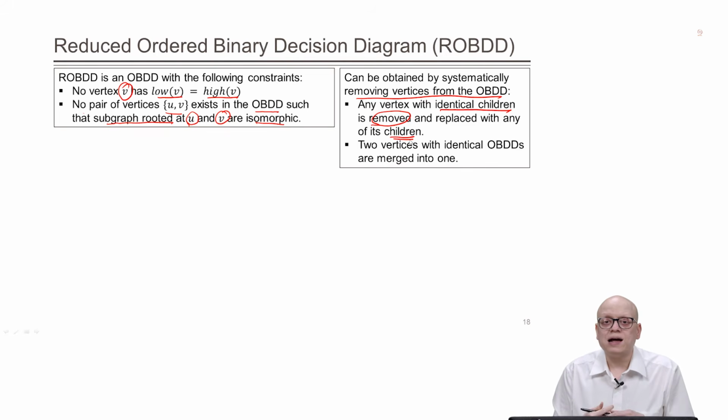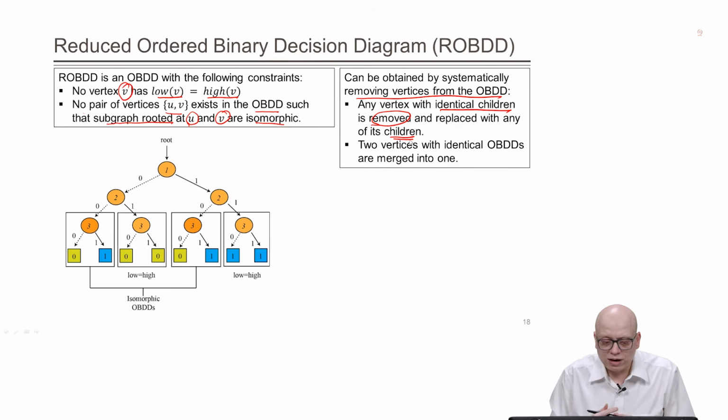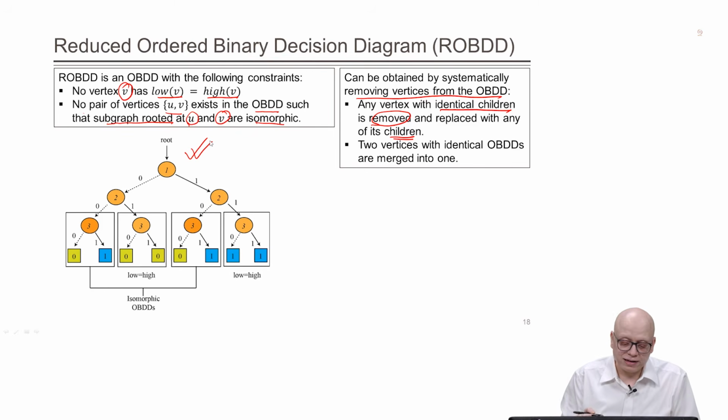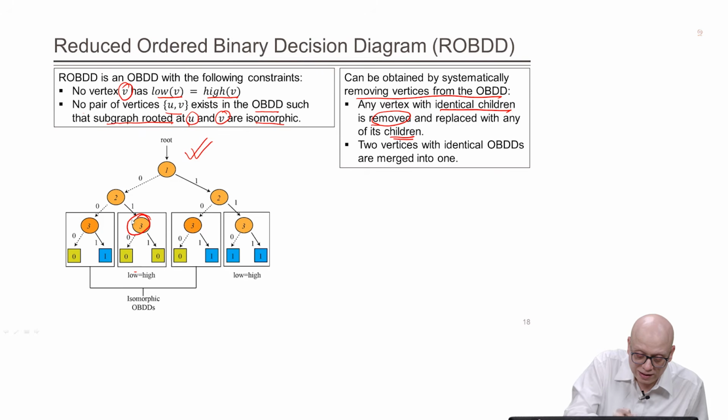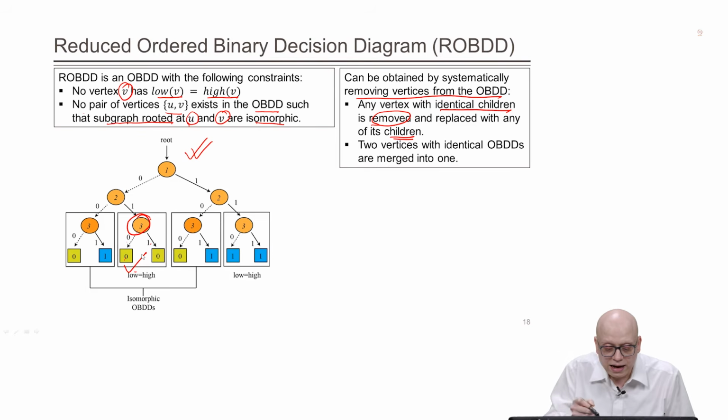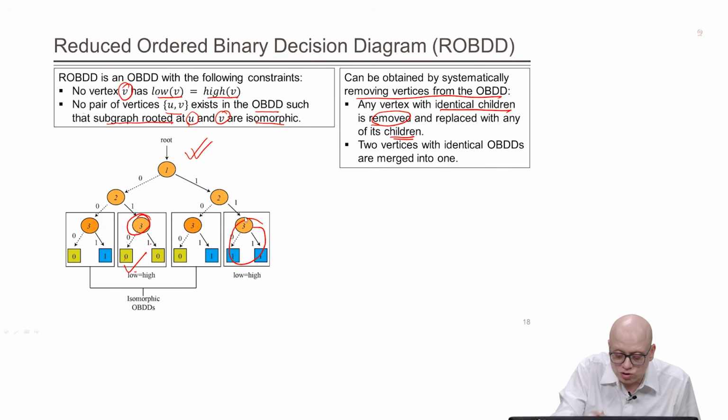Let us take an example and see how we can obtain an ROBDD from an OBDD. Suppose this is an OBDD which is given to us. How can we get a reduced ordered binary decision diagram or ROBDD? In this OBDD, we see that for this vertex, the 0 and 1 edge both lead to 0, and for this, both lead to 1.